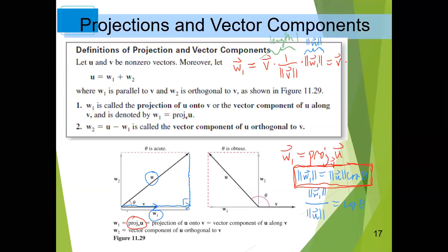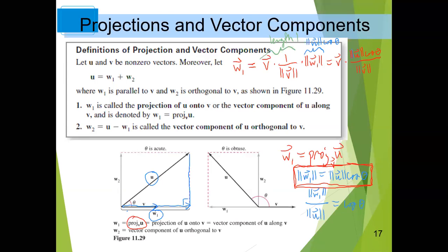Length of U cosine of theta, yes? So it's going to be length of V times length of U. Oops, let me write this in red just so we can see it better. Length of U cosine of theta over length of V. Okay, so that's what the projection formula is.